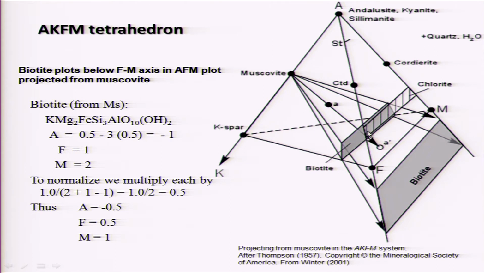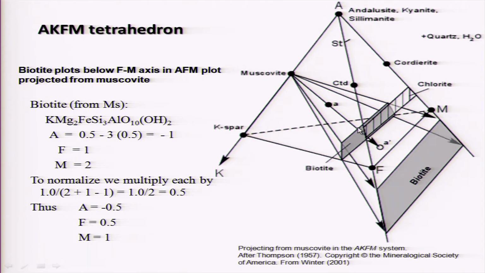The solution to this problem is arrived at by projecting the phases or minerals through a potassium bearing phase. For this we choose muscovite. The formula of muscovite is KAl3Si3O10(OH)2, and the formula of biotite is K(Mg2Fe)AlSi3O10(OH)2.